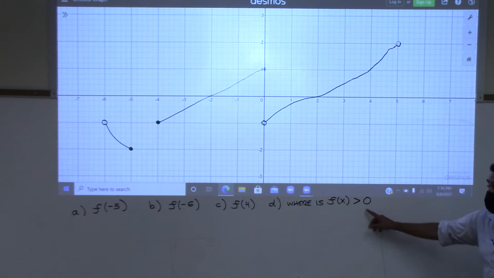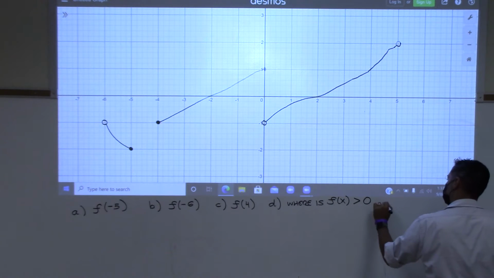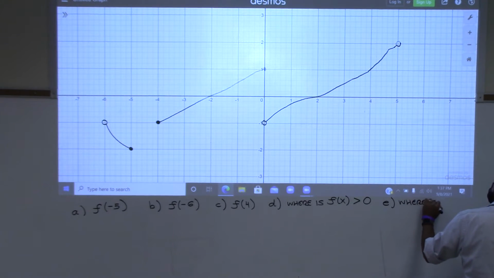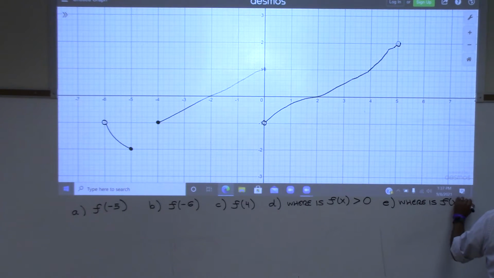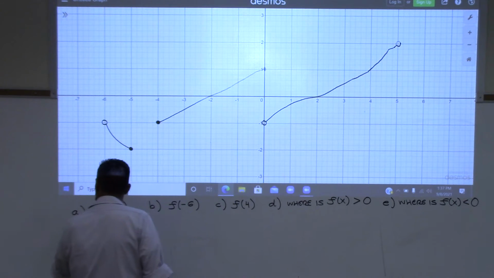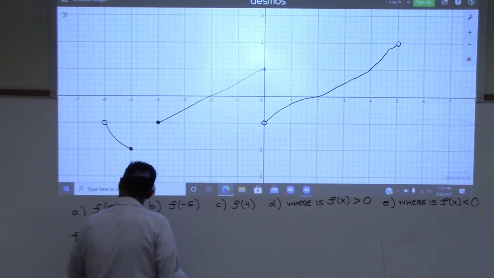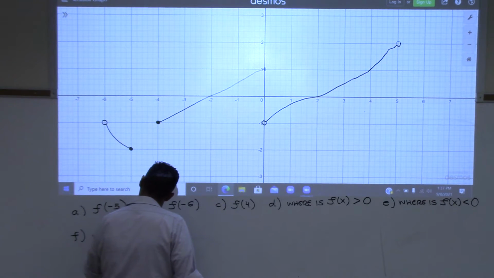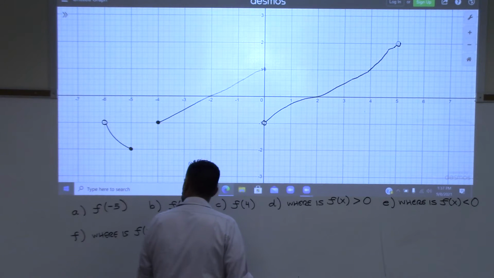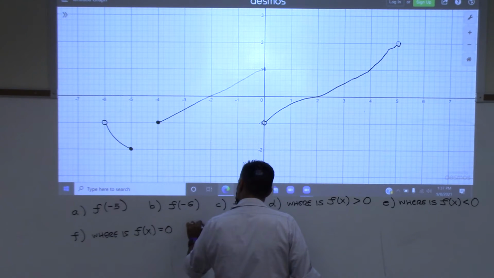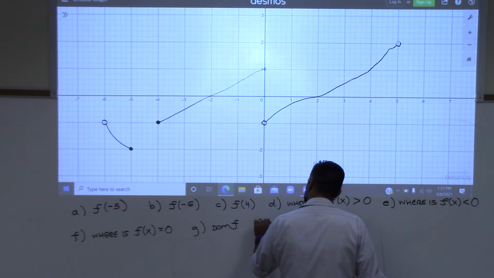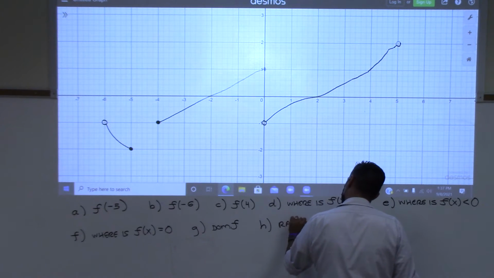So that means where is it positive? Where is f of x negative? Where is f of x 0? Find the domain of f, find the range of f.